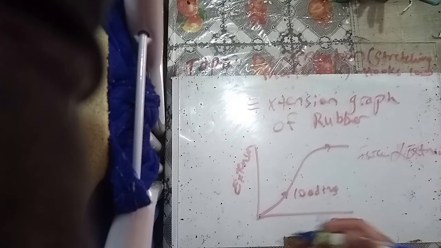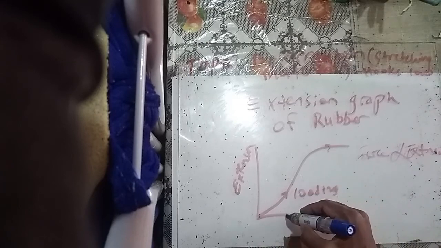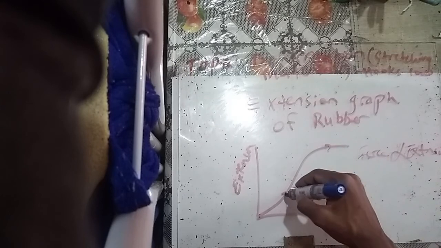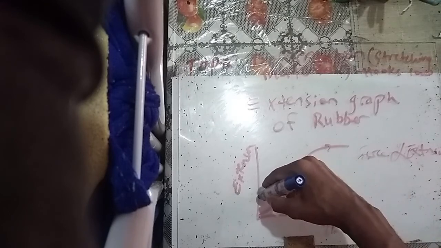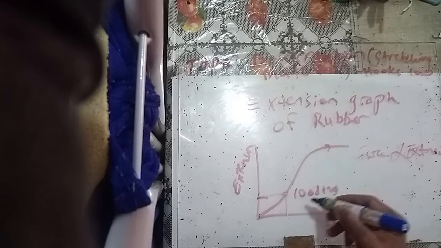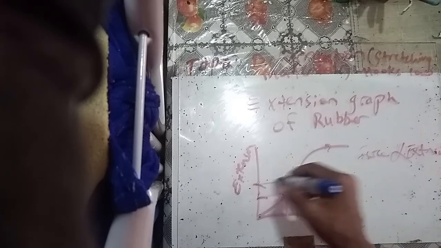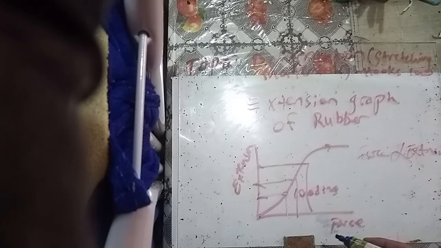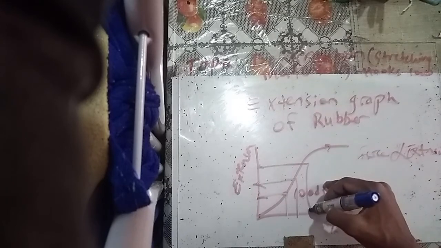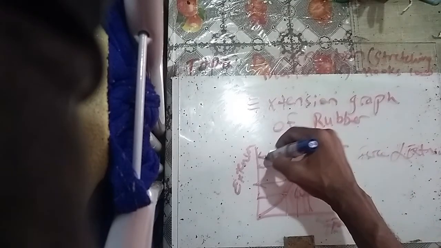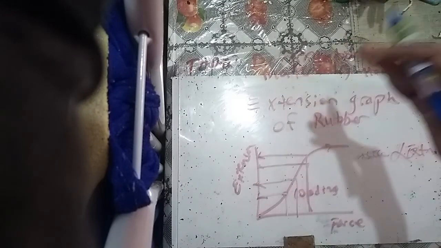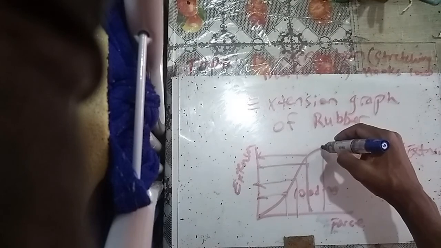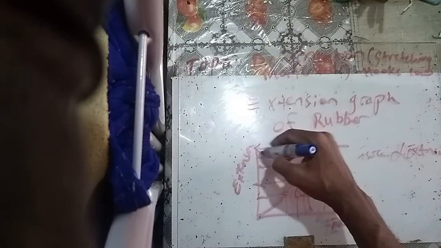Nowhere along this line can that be said, because if we put extension there, and force there, it goes there. You understand where I come from? But because it's so curved, it is not directly linear. Do you understand what I'm saying to you? If it is not directly linear, it does not go up piece by piece by piece. And if the curve continues, you understand where I come from?